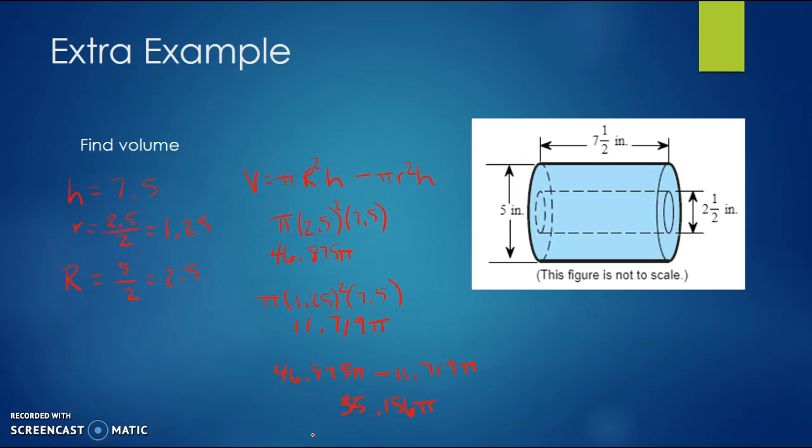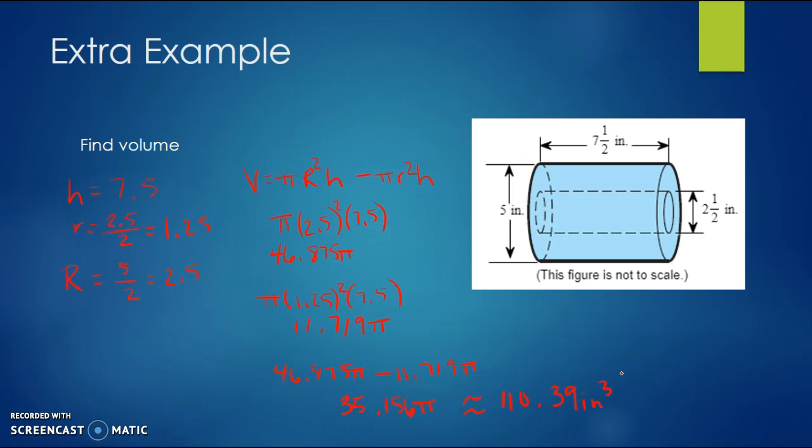So this would be my exact answer. And then if it said to use pi as 3.14, then the answer I would get would be approximately 110.39, and we're in inches cubed.